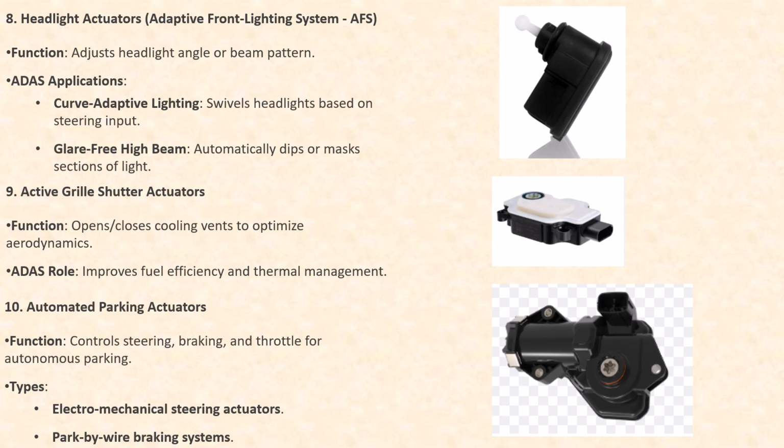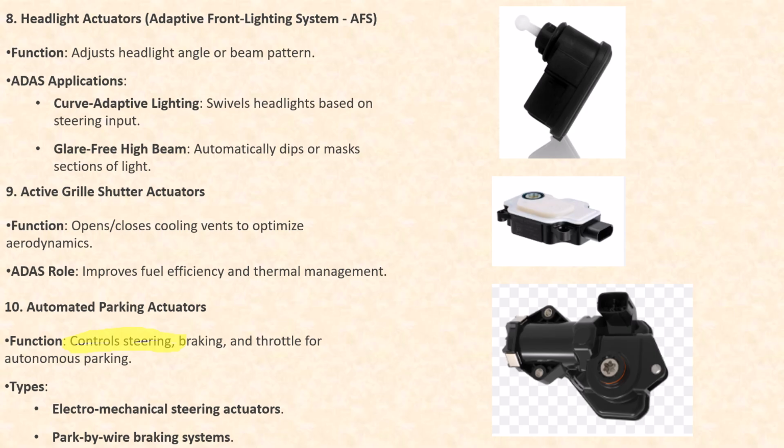Okay, so next come the automated parking actuators. When it comes to automated parking, this controls the steering. This is of extreme importance because in parking assistance, controlling the steering is the most difficult thing for the driver. So there are some parking assistant systems where the computer or the vehicle totally takes control of the steering, and you have to take control only of the braking and throttle.